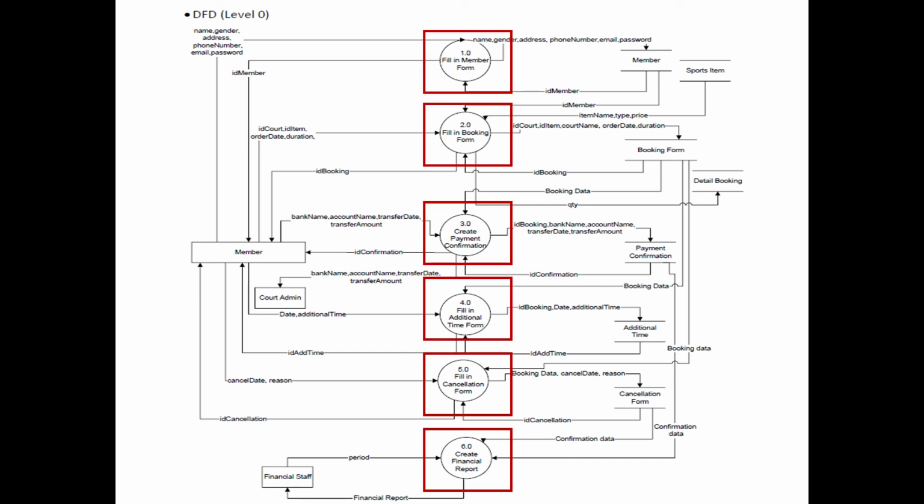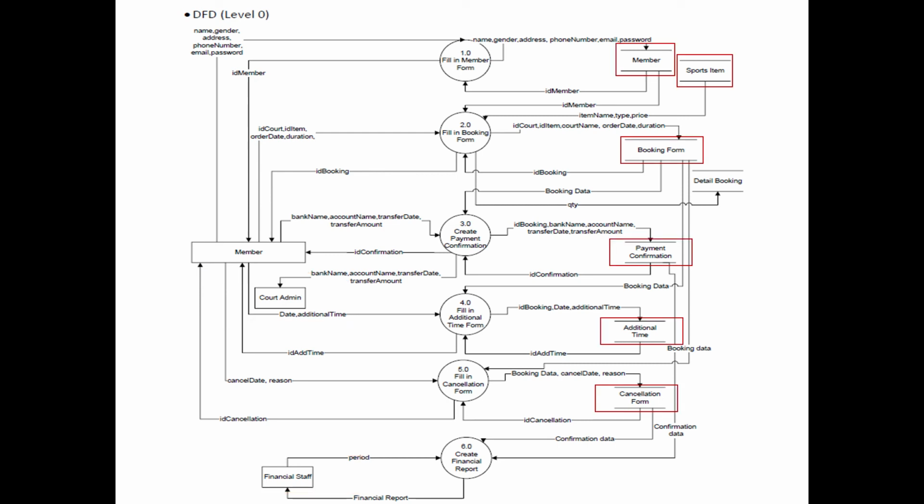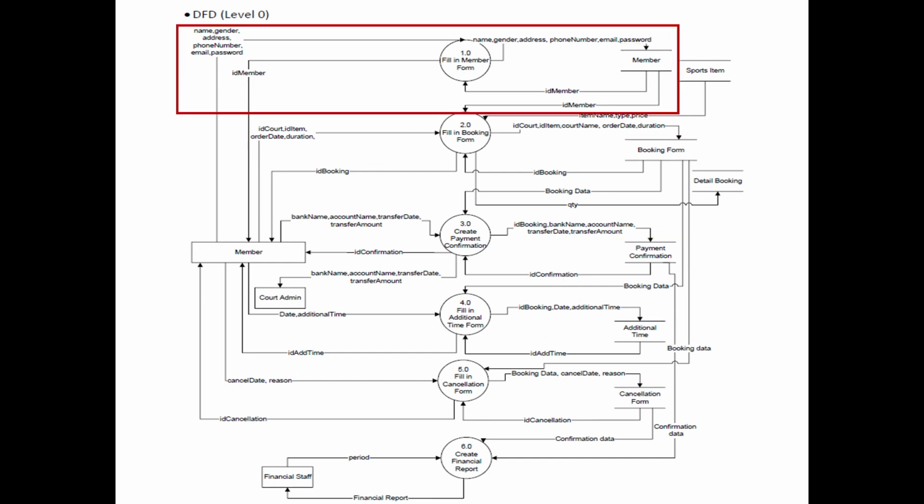First, you can draw each process based on the use case diagram. Second, determine external entities for the whole process. In this data flow diagram, there are member, core admin, and financial staff. Third, you can draw all data stores. After that, you can start adding input and output data flows.